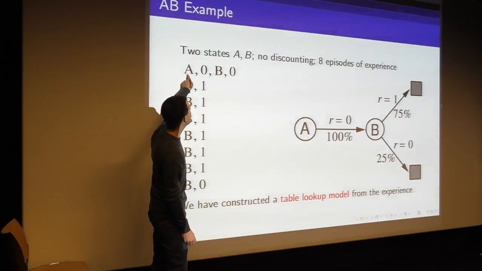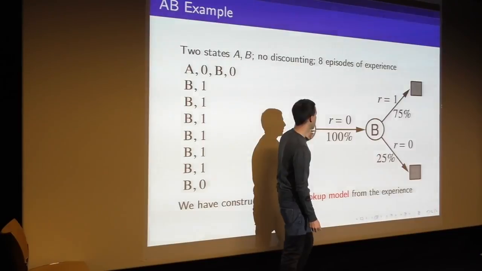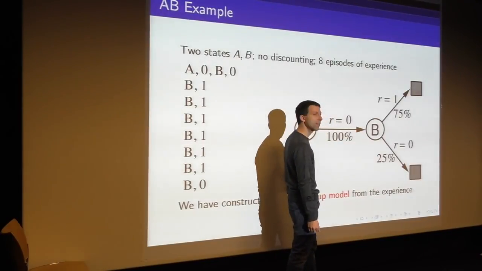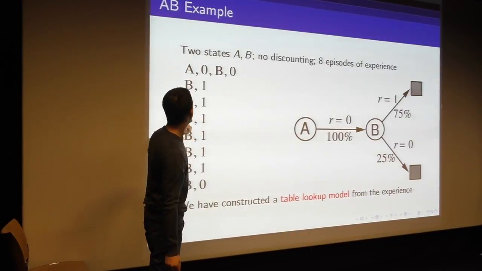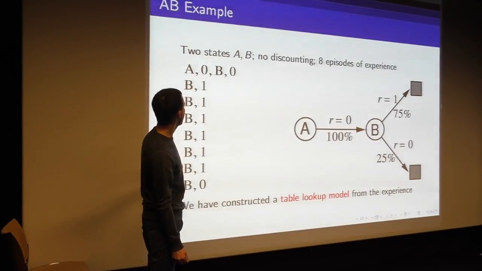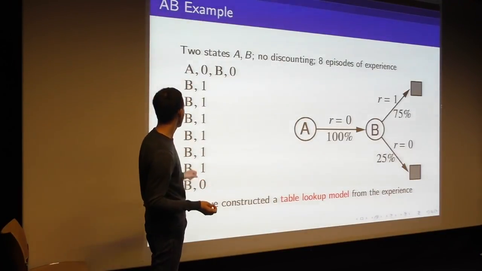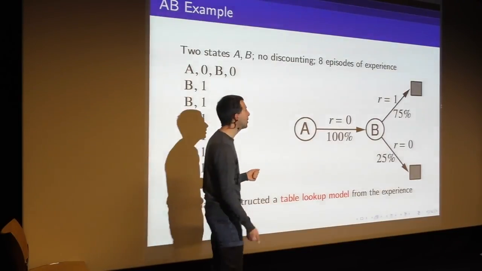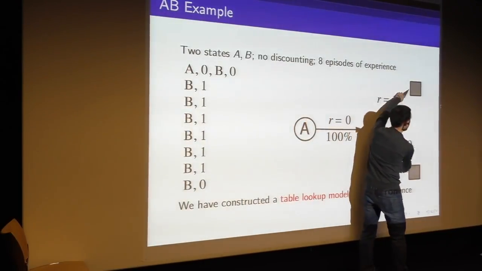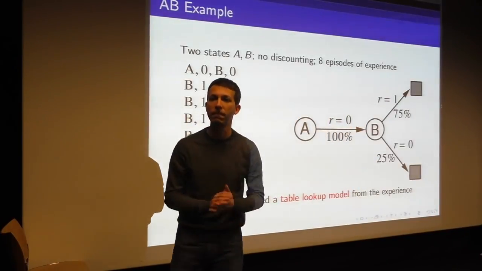Every time I was in A, I transitioned to B, so I can say 100% of the time I transition from A to B. And from B, on 6 out of 8 occasions, I transitioned to the terminal state with a reward of 1, and on 2 out of 8 occasions, I transitioned to the terminal state with a reward of 0. That gives me these two arcs here. So it's just counting. That's all that's required to make a table lookup model.